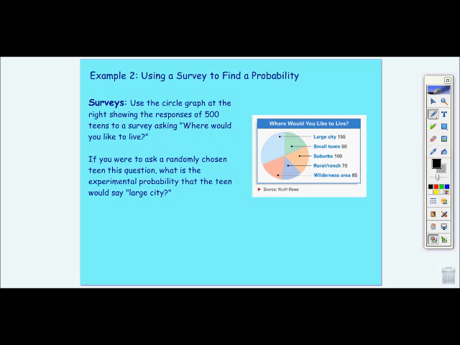So we're going to use a survey to find probability. The circle graph at the right shows 500 responses, that's my total, of teens surveyed on where they would like to live. If you were to ask a randomly chosen teen this question, what is the experimental probability that the teen would say large city? So the outcomes that we could have are 500, because we have 500 teens we're asking.